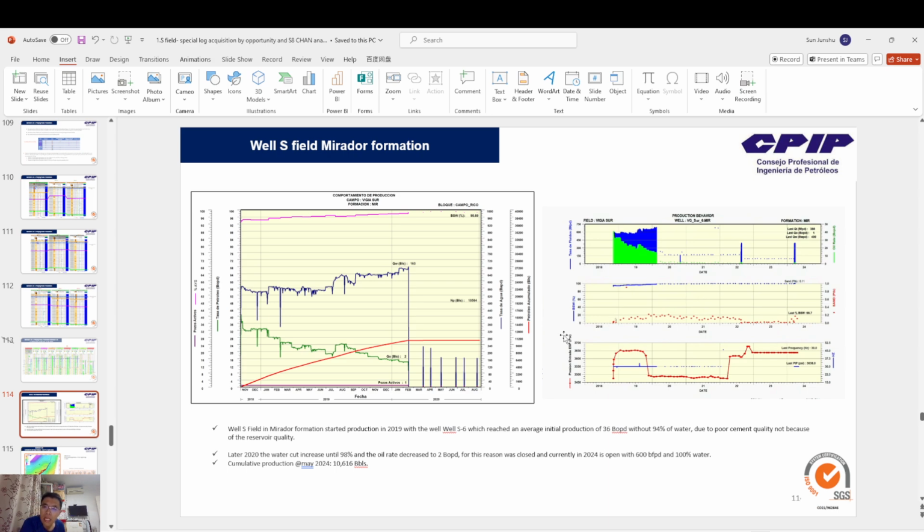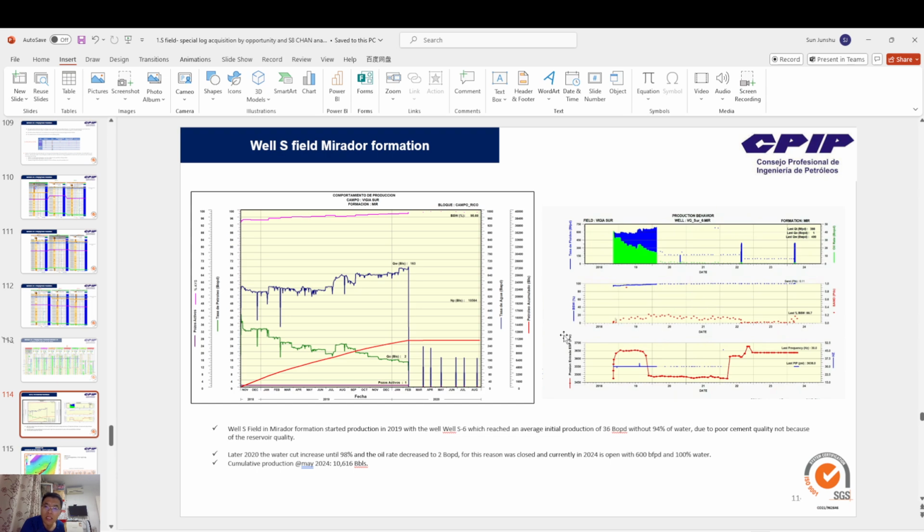The well as field in Mirador formation started production in 2019 with well S6, which reached an average initial production of 36 barrels with 94% water due to poor cement quality, not because of the reservoir quality.